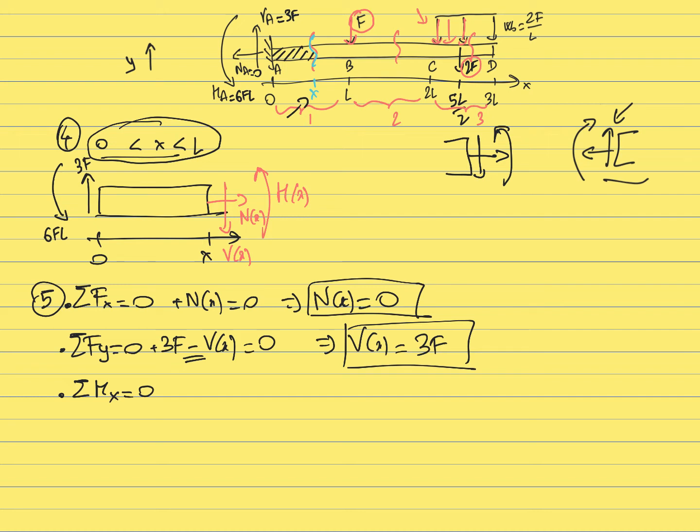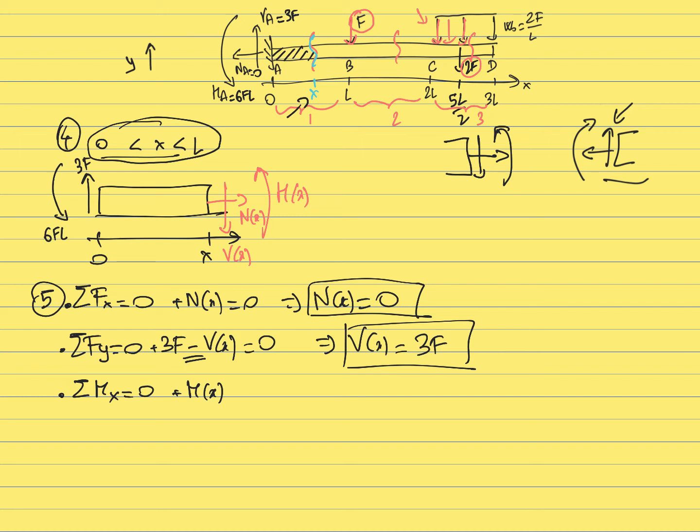This has nothing to do with the sign of its projection. Now, when we project the moment, we just need to look, is it clockwise or is it anti-clockwise, just like any projection. So now we look at this moment m of x. It is anti-clockwise, so it has a positive projection. So I'm gonna just write it with a plus because it has a positive projection. So v of x and n of x do not create any moment about the point x, since their line of action is going through this point.